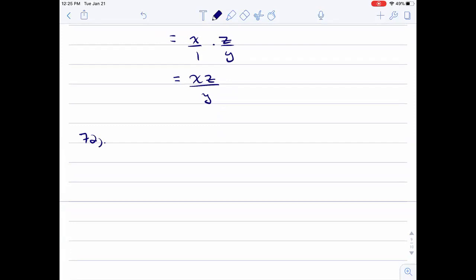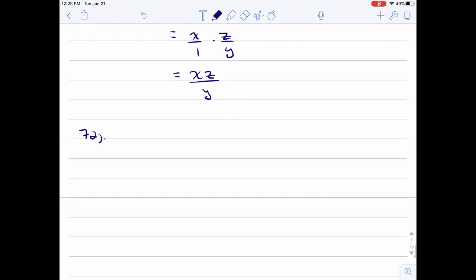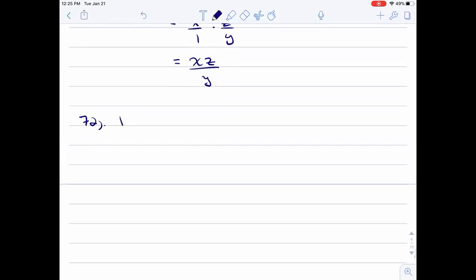So we're supposed to simplify 1 plus 1 divided by 1 plus 1 divided by 1 plus x. Oof. We have to be careful at every step here. What did I get myself into here?